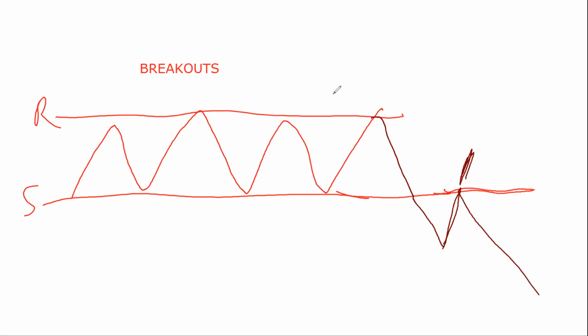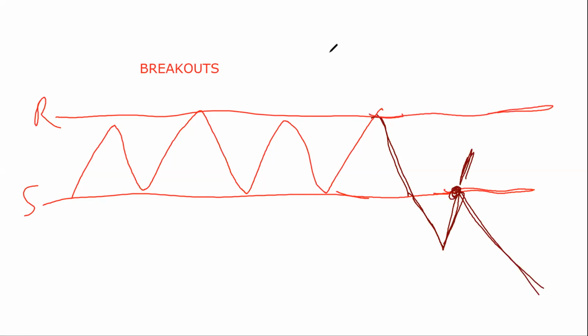It's broken the support. So a lot of traders will look for areas of breakouts, where they will see price go down, break the support, retest that support by coming back up to it, before fully saying it's not a support, we're coming back down. And you will see that similarly with the areas of resistance as well.